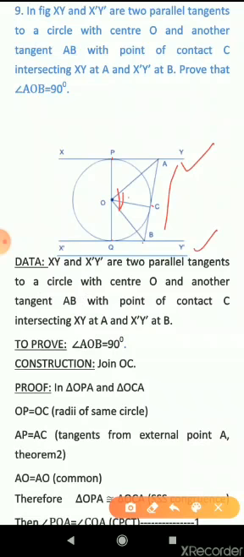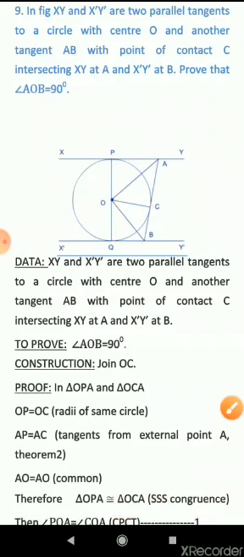Clear? So let us write the data now. There is one more hint here. When you are proving anything, as I told you, in a theorem you have an advantage because for each step you have separate marks. So what is the given question? Write it as it is for the data.